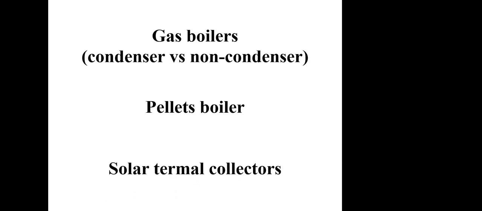And finally, we have solar thermal collectors. If we want to include some renewable energy in this hydronic system, what we have to do is insert solar thermal collectors. The problem is that in this area of the world, we don't have solar thermal collectors because of the freezing temperatures that we have here.